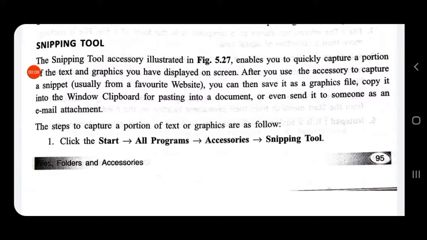Snipping tool is used in computers to quickly capture a portion of the text and graphics. So to take a screenshot in a computer, we have an inbuilt tool called snipping tool.